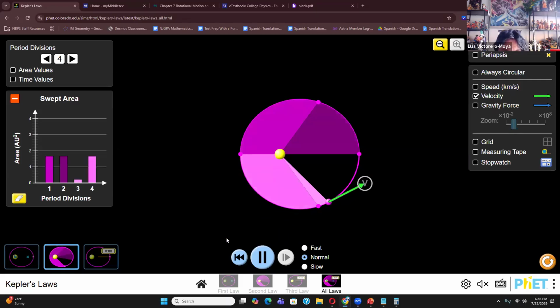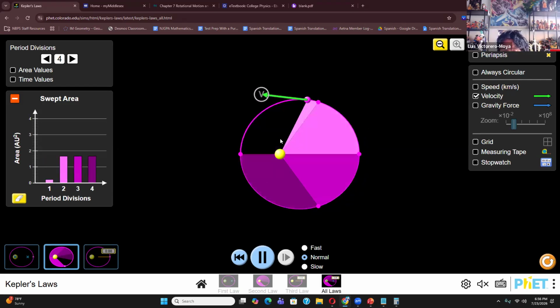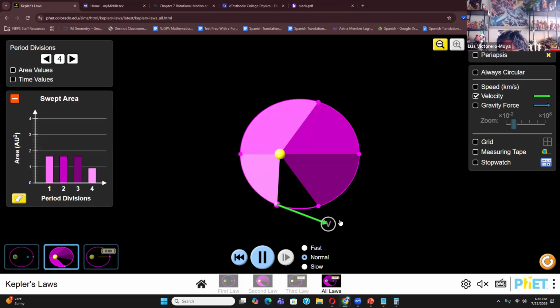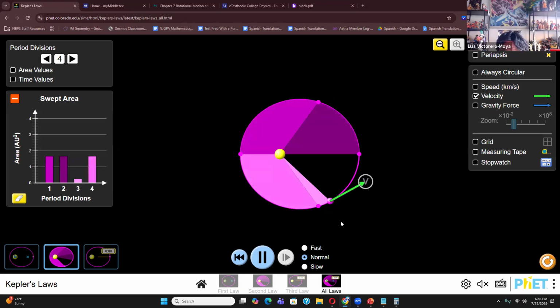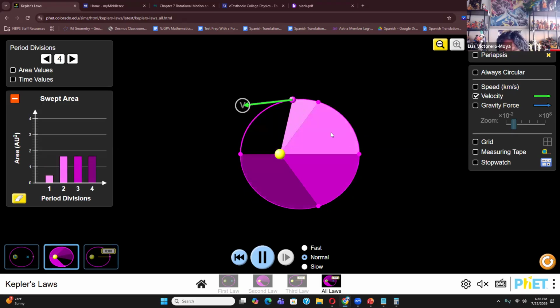Again, that's more astronomy than physics, but we use physics to prove this. For example, the physics that we use to prove this is the conservation of angular momentum. The conservation of angular momentum fully explains that the speed of the planet here is less than the speed of the planet here.